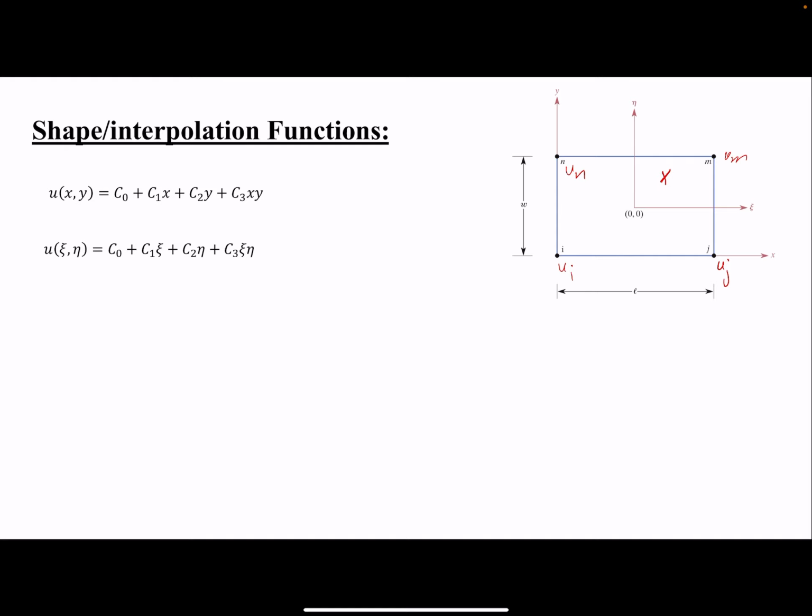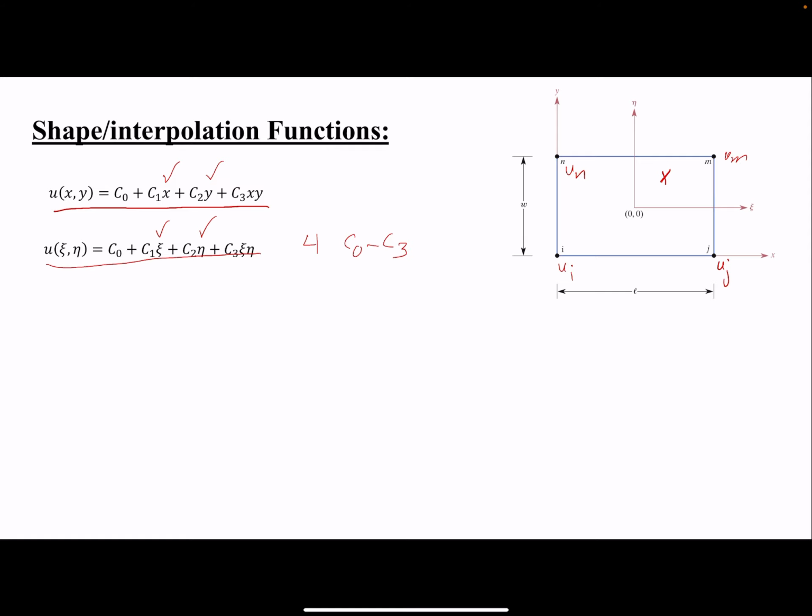The simplest one is a linear interpolation. Because it's 2D, we need both x and y coordinates. And if you want to write it in terms of local coordinates, instead of x and y, we use ξ and η. But in linear interpolation, we have 4 unknowns from C0 to C3.